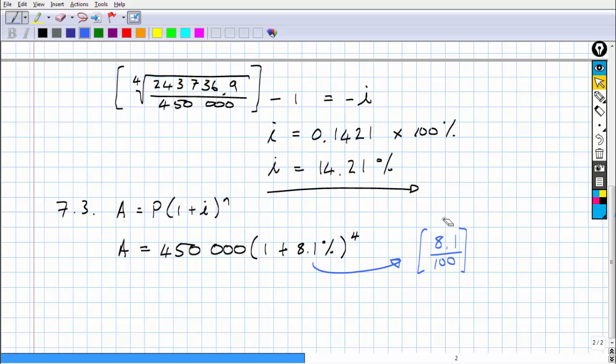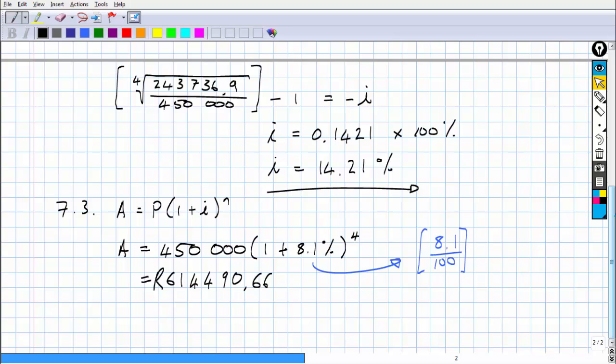So I don't recommend doing it like that unless you really want to. Just write 1 plus 8.1 and hit the percentage sign on your calculator. It'll work it out for you. You can test it and see it to be fine. We can then plug that all into our calculator. Okay, and you can see that works out to 614,490 Rand and 66 cents.